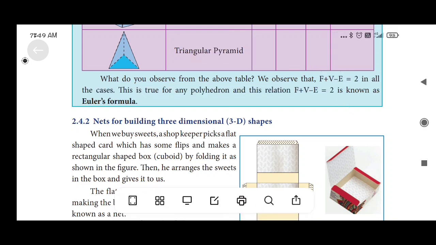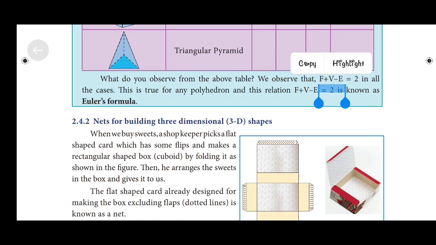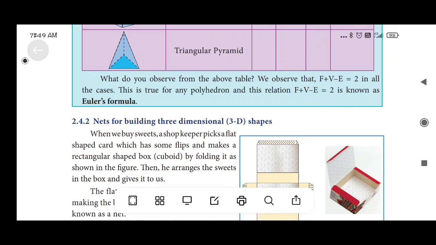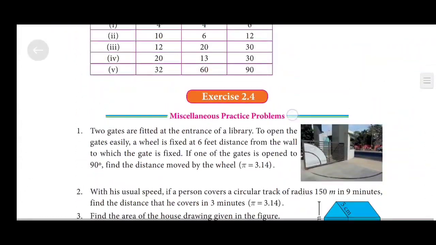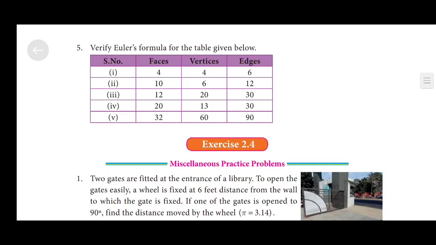Edges. Okay. So F plus V minus E equals 2 in all the cases. This is true for any polyhedron, and this relation, okay, F plus V minus E equals 2, is known as Euler's formula. So by using this formula, you need to find whether the given statement is right or wrong. Okay, whether we can verify with Euler's formula or not, you need to find.